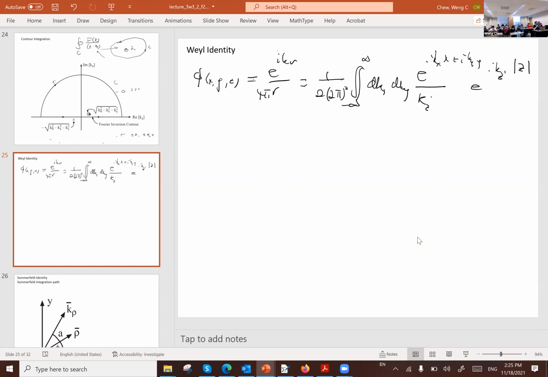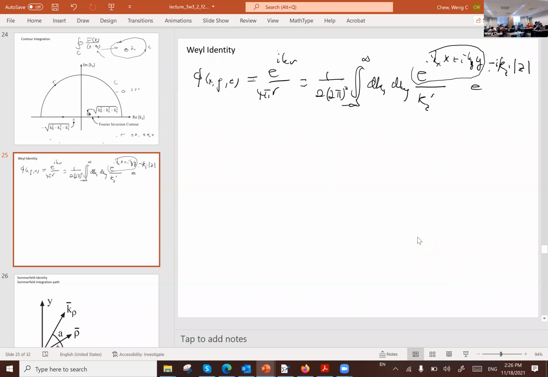Let's see if you can see some physical meaning out of this mathematical expression. So you see this wave here. You have kx and ky. What do you see here in this first two terms of the expression? This exponential kx x, exponential ky y.